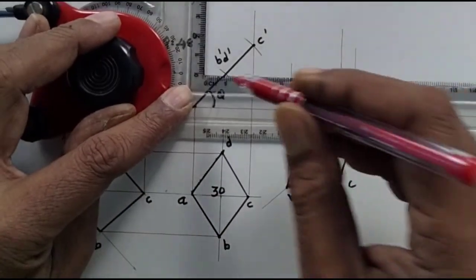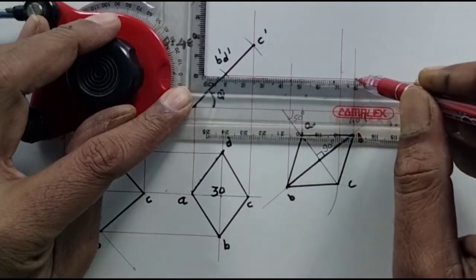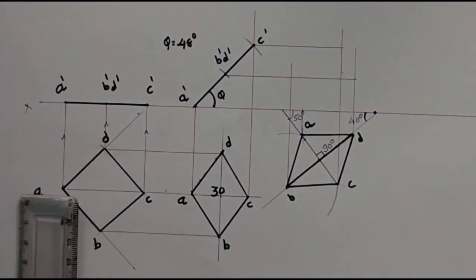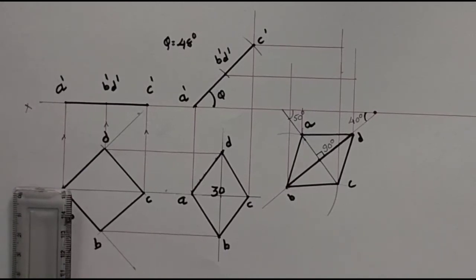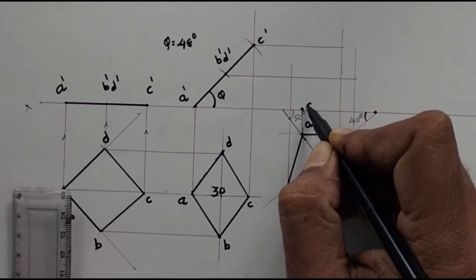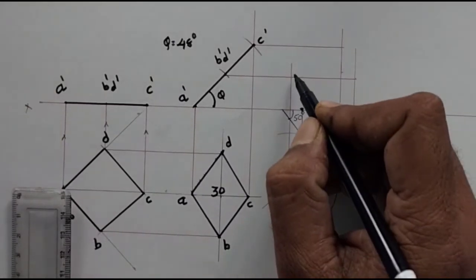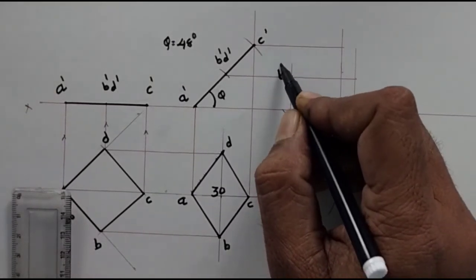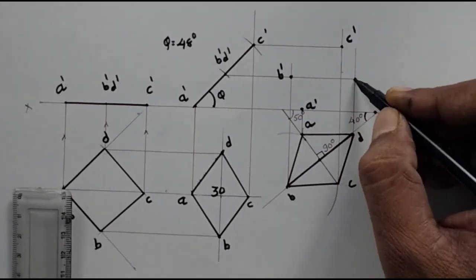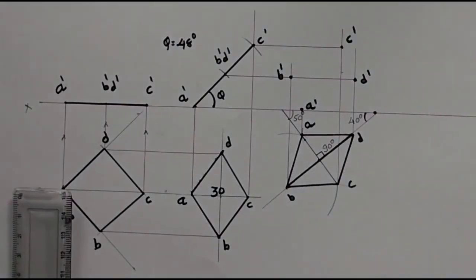You can collect the horizontal projection from your previous figure. So this is your A dash, this is your B dash, this is our C dash, this is our D dash.